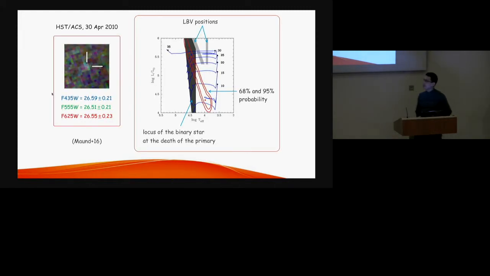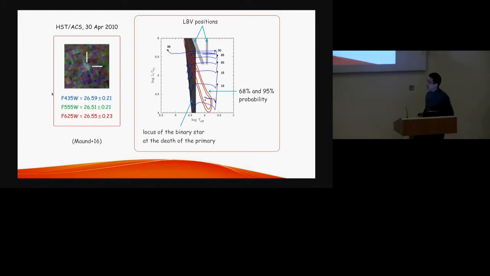So in 2010, Hubble observed this supernova 4 years after it had exploded. It used the Advanced Camera for Surveys, and it detected a very faint source here. The supernova itself has faded, so this source most likely comes from the binary companion to the progenitor of this supernova.